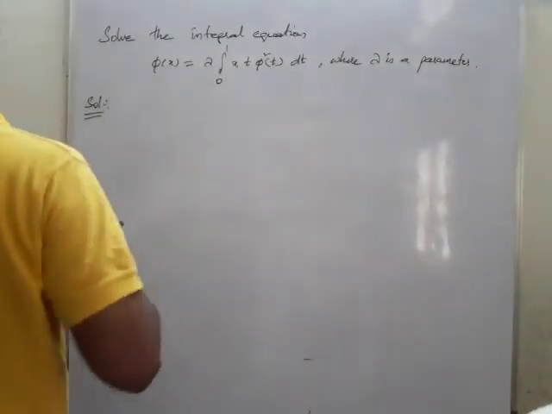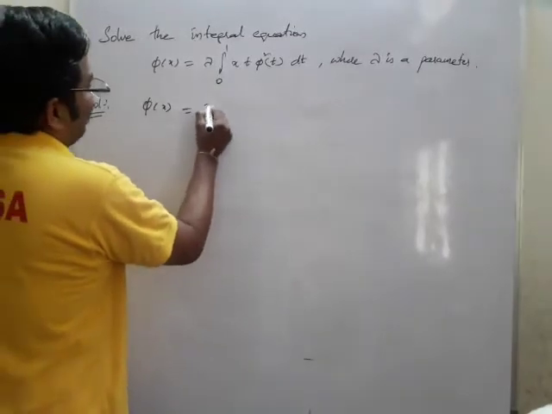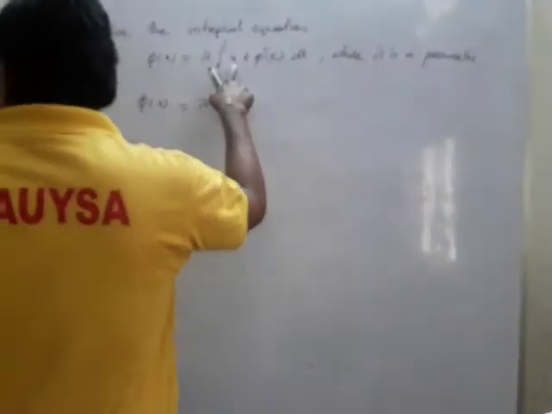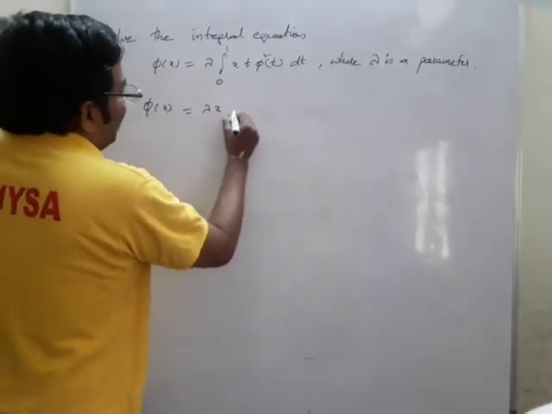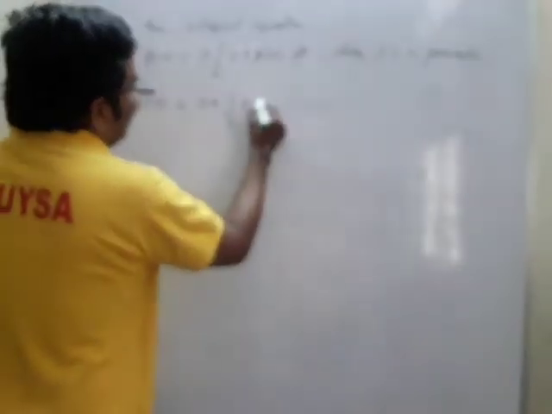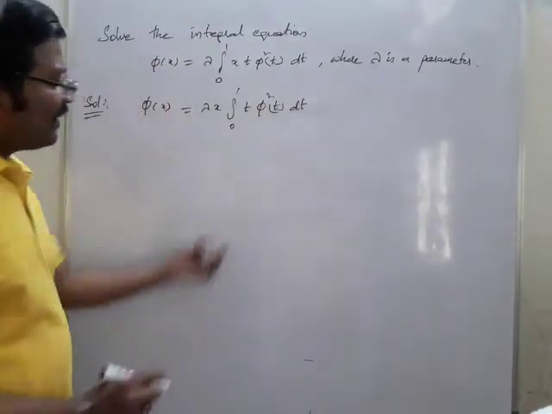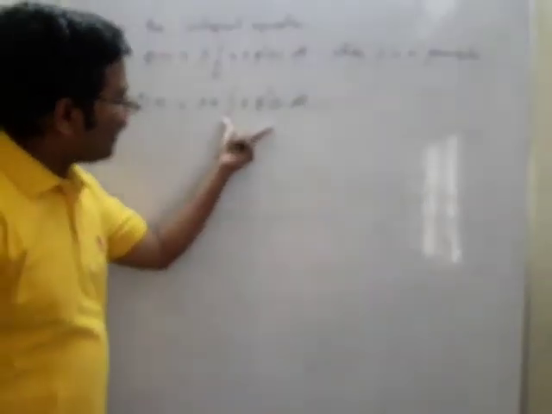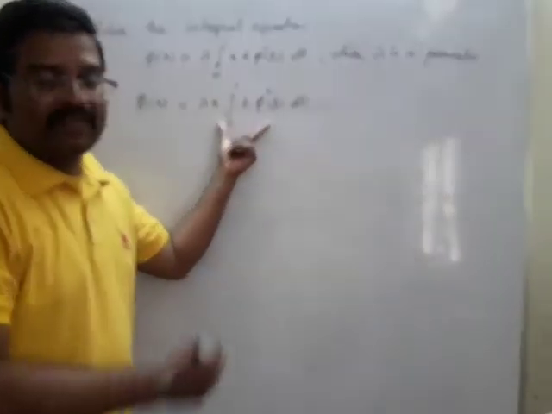Now we'll try to solve this equation by taking the given equation, phi of x equal to lambda, and I'll write the x outside, integral 0 to 1 t phi square t dt. Now you should understand, t phi square t, this entire thing I'll take as c, as per the theory we have given.